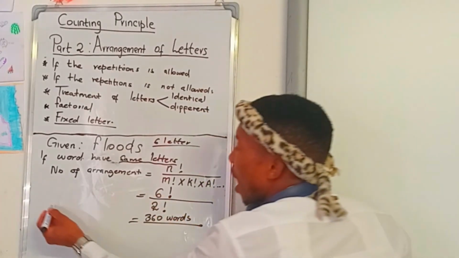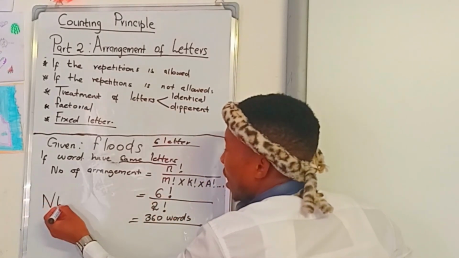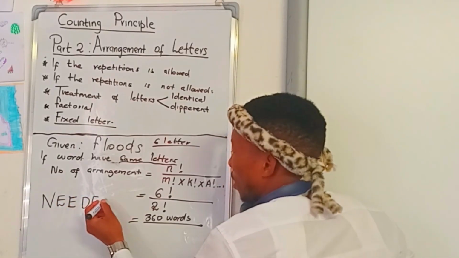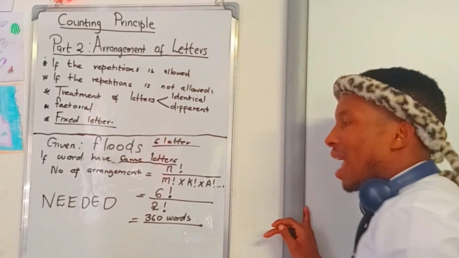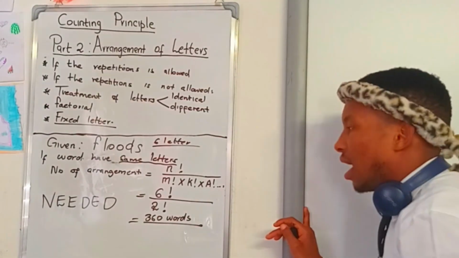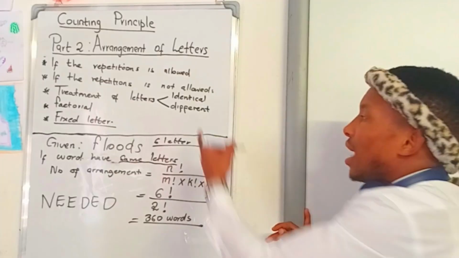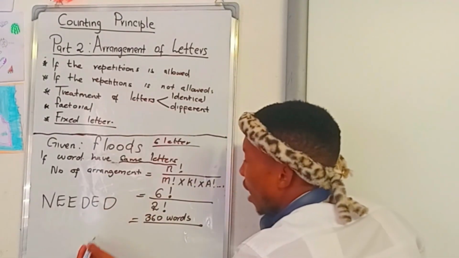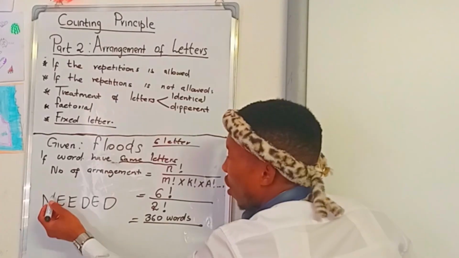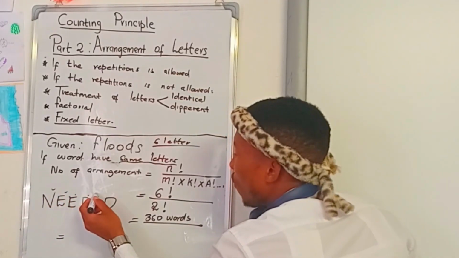For example, if we are told that we have NEEDED, do you see I have NEEDED here? How many word arrangements are going to be created here if the letters are treated as identical? What are you going to say? We count the number of letters: 1, 2, 3, 4, 5, 6.